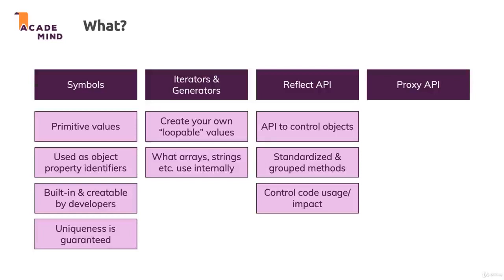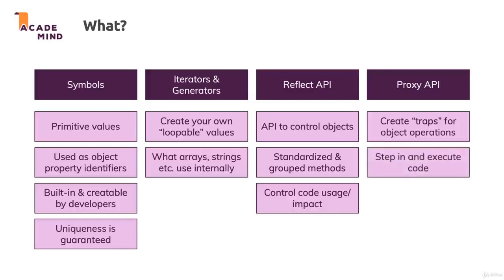Now, the Proxy API is all about creating so-called traps for certain object operations. You can almost take the word trap here literally. With the Proxy API, you can step in upon certain operations and execute your own code. For example, if someone wants to retrieve a property, so the value for a property of an object, with the Proxy API, you can set up some logic that runs in that case, which allows you to either change what is returned or do some additional task.